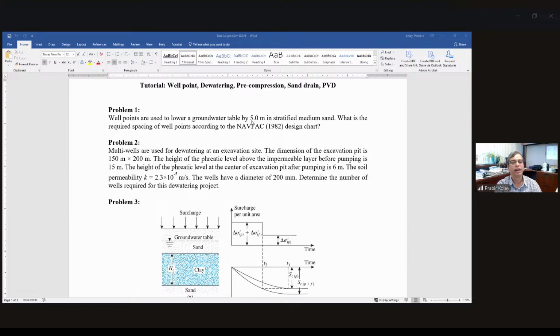From there, you can easily find out the spacing between the well points. You need to see the chart, and only then can you find out. I can stop share then, right?